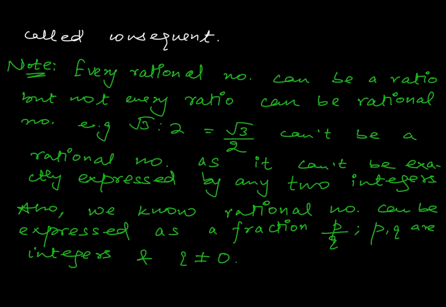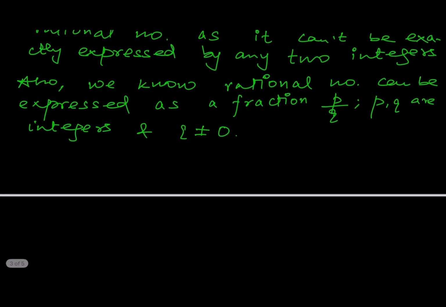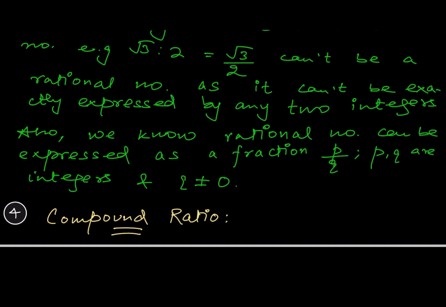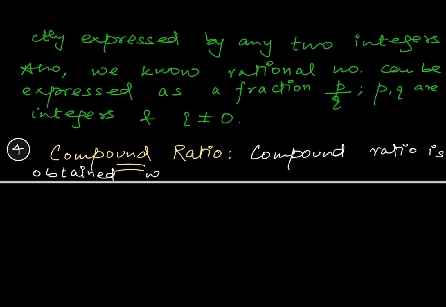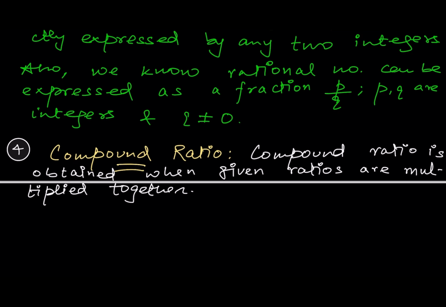Okay. Now let's come to point number 4, compound ratio. So what is compound ratio? Compound ratio is obtained when given ratios are multiplied together, right?